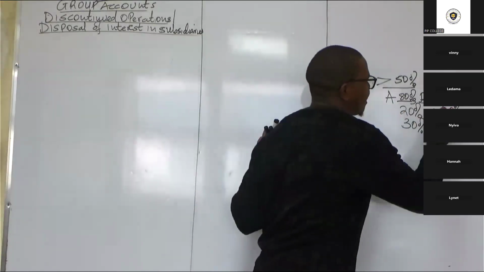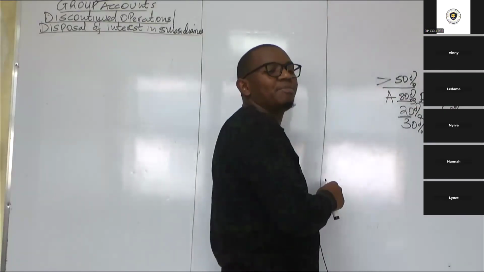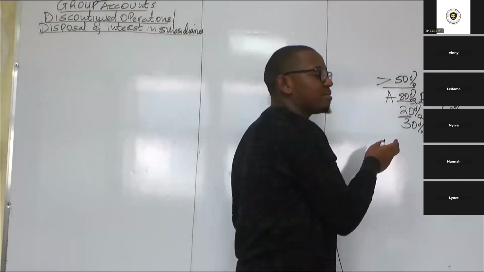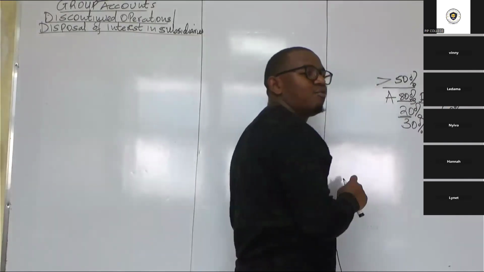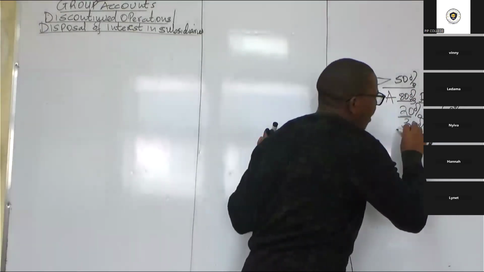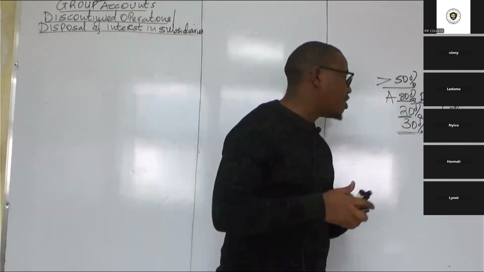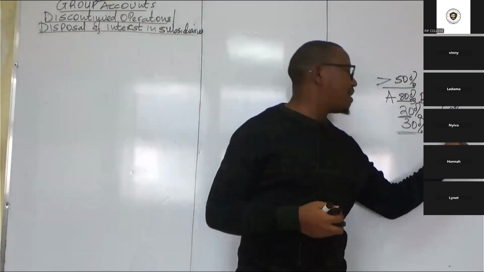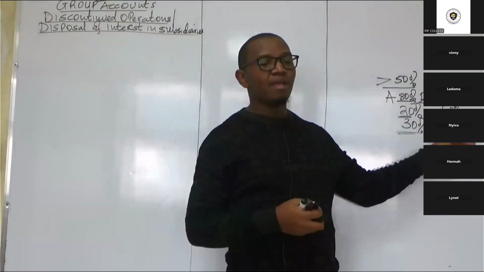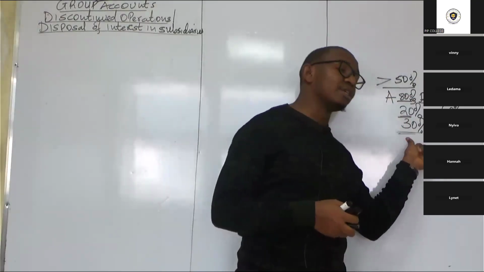So even if he disposes of 20% and retains 60%, it will be a subsidiary, and we'll consolidate the whole of that subsidiary. But where he disposes of 30% and remains at 50%, it is going to be an associate.